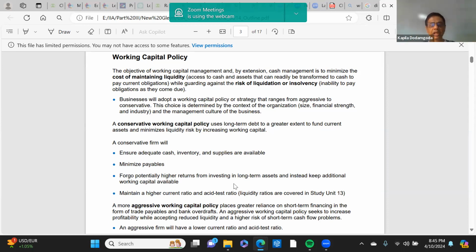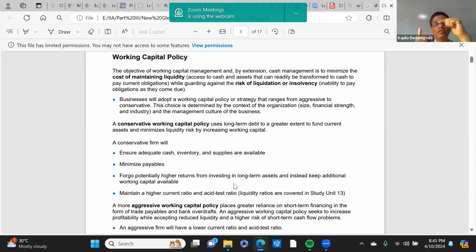When you do that, you have your current assets and current liabilities. Your current ratio is current assets divided by current liabilities. Acid test is current assets minus the inventory divided by current liabilities. So when you try to be conservative, funding a greater proportion of your current assets not through current liabilities but through long-term funding, your current liabilities proportion comes down.